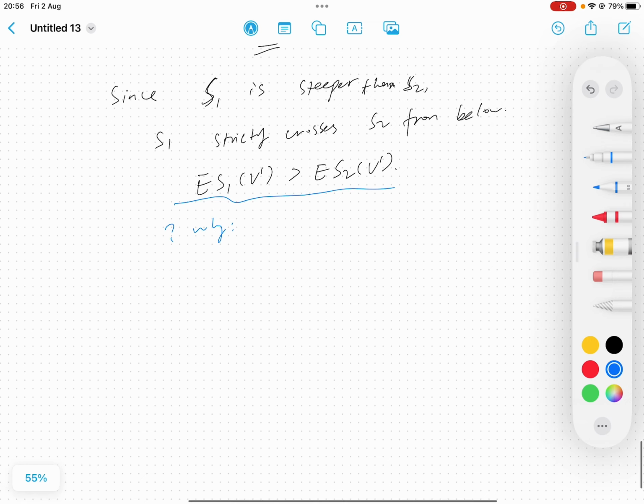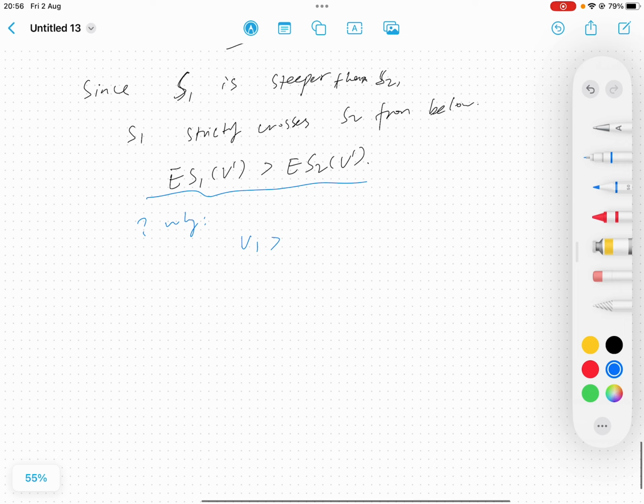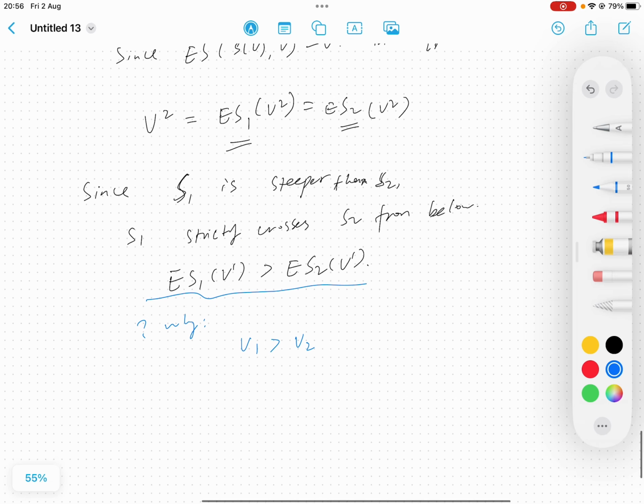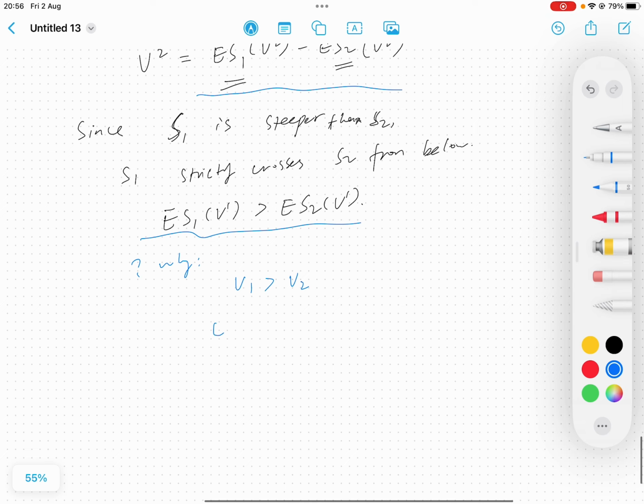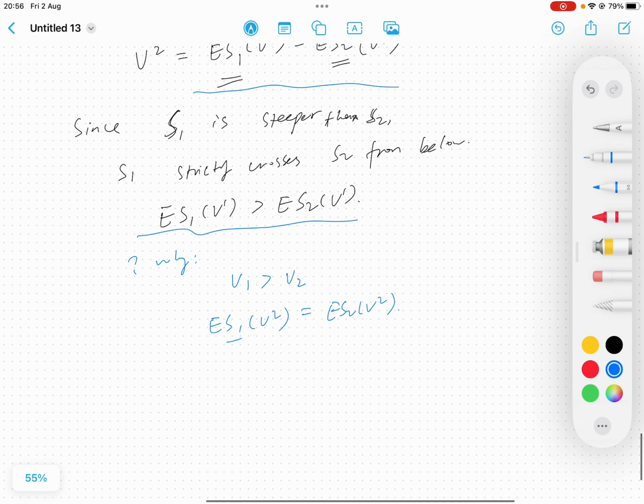This is because, remember, V1 is the highest type. V1 is bigger than V2. Also, what we have from above is that ES1 V2 equals ES2 V2, for any bidder, including bidder 2. No matter what kind of security, S1 or S2, each bidder always has the same bid in the equilibrium, equal to their private value.